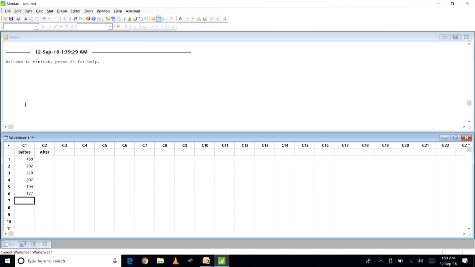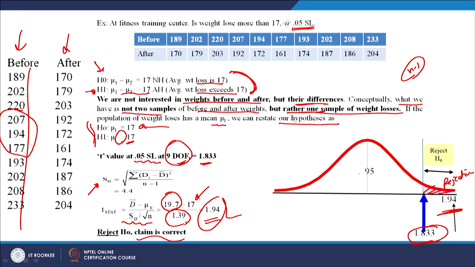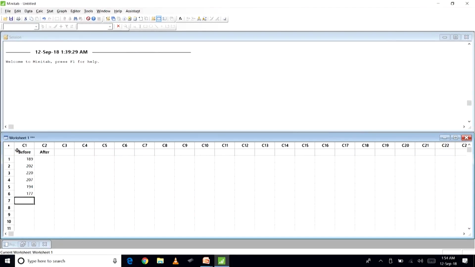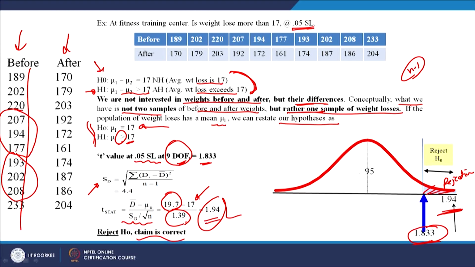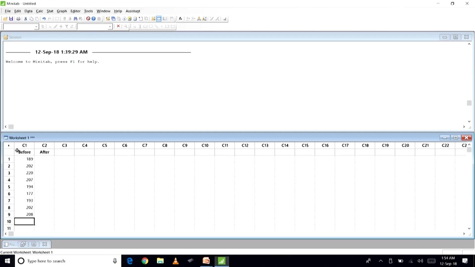Then the next data set is 193, 202, 208 and finally 233. So, you have 10 data points.